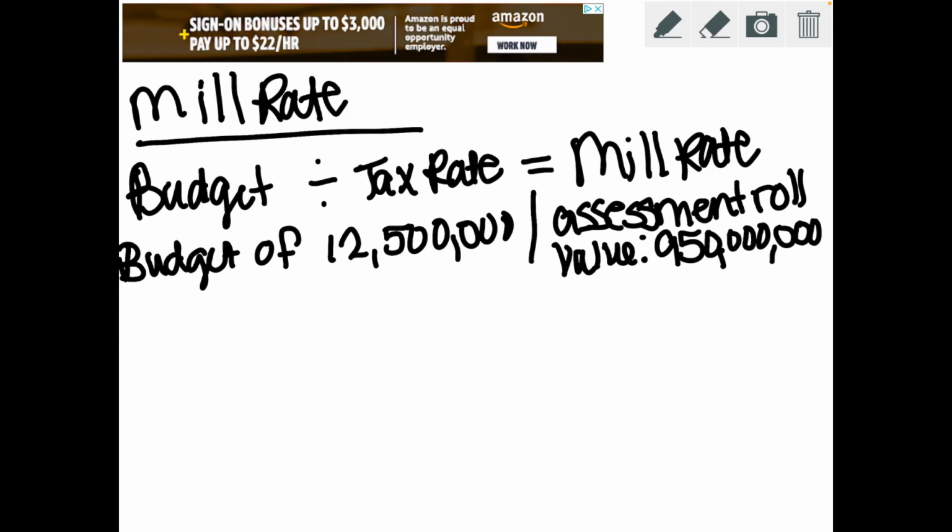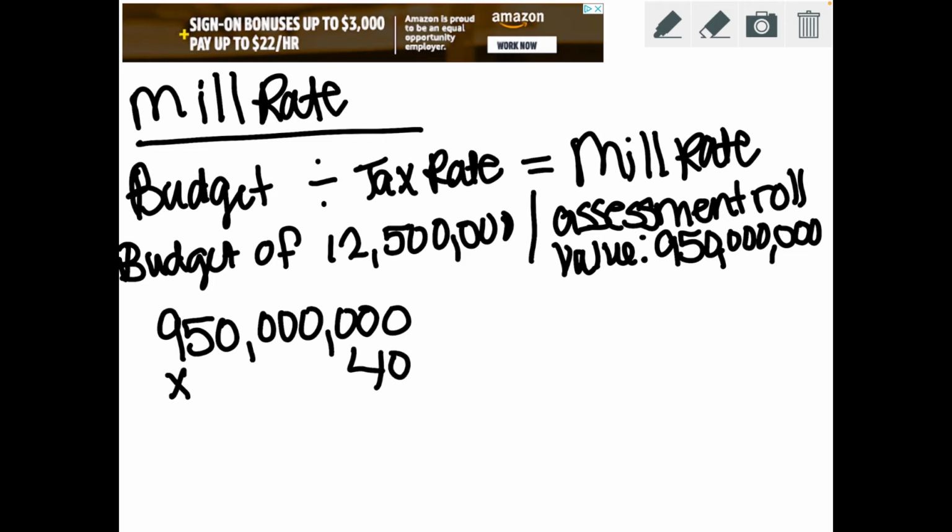So the first thing, basically, we are going to want to determine what the rate is for each property would pay, so that we're trying to determine the mill rate. So for this, the first thing I would need to do for this problem is, of course, I'm going to take my assessment roll for all of the values in those properties, and I am going to multiply that by 40%, because remember, my assessed value is based on 40% in the state of Georgia.